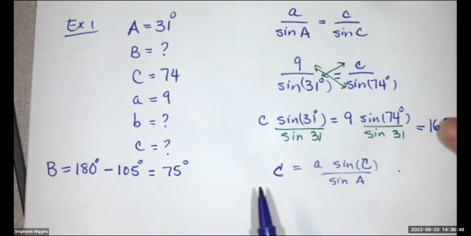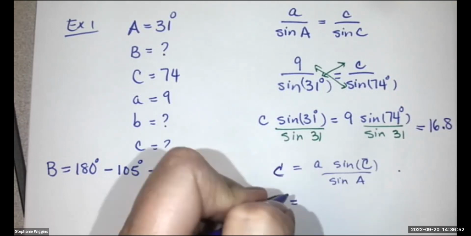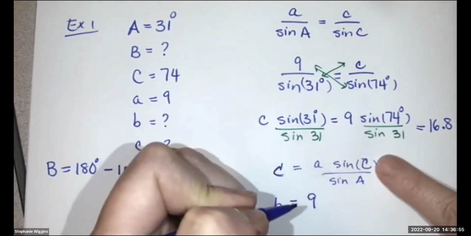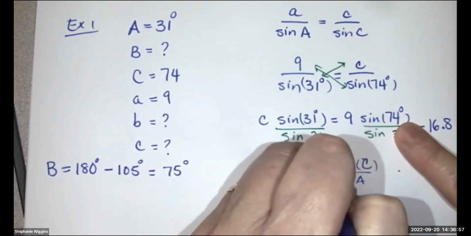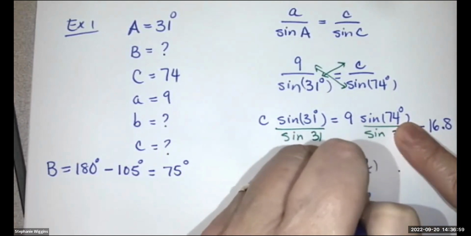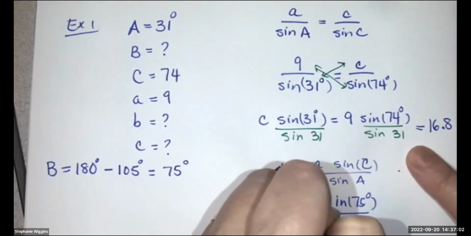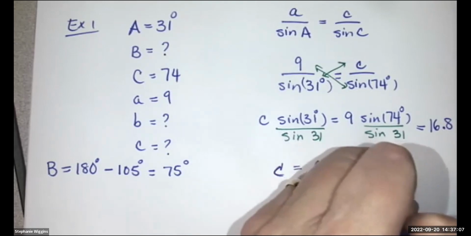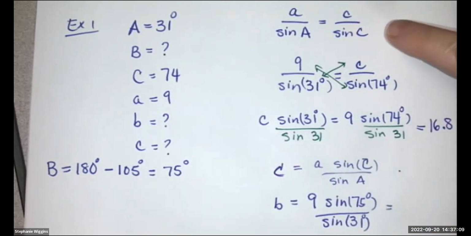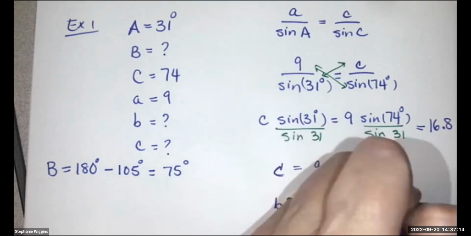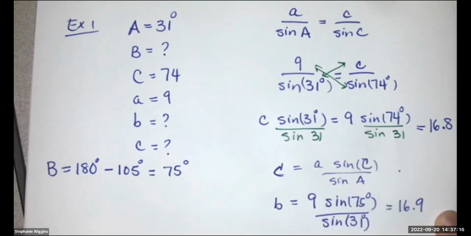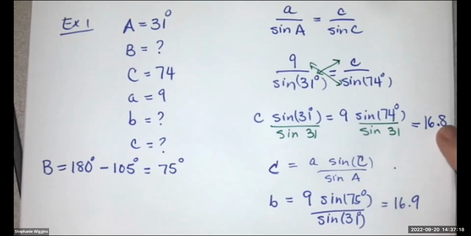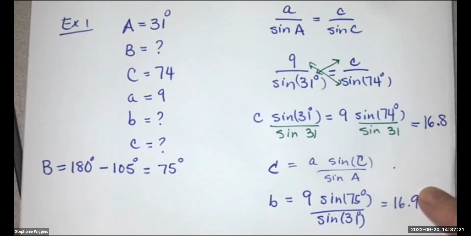So you can see, like I said, rather than going through this whole process again, I'm just going to plug in the 9, and instead of capital C, I'm doing capital B. So 75 degrees divided by sine of 31. It just saves me some time. Otherwise, I'd have to go through this whole process again. And when I do that, I get 16.9. And you can see these two answers are very close in length.